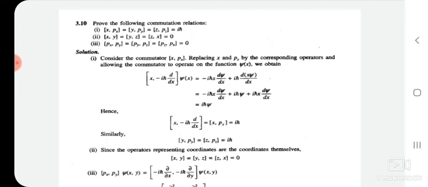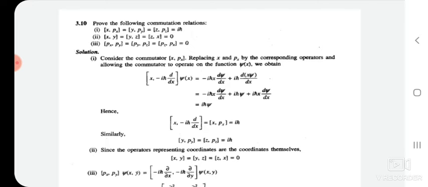Next, the commutation relation [x, y] = [y, z] = [z, x] = 0. How? That we have to show. If we take the commutation relation [x, y] and operate it on a wave function psi, it gives xy psi minus yx psi.